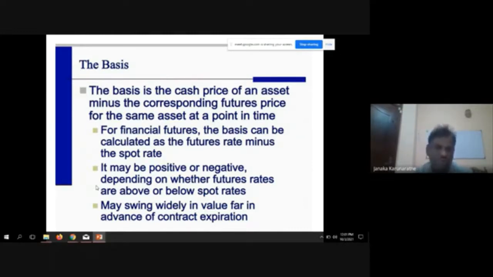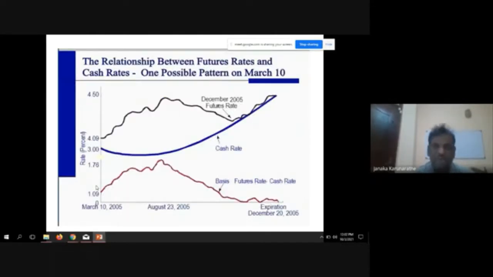If it is below the spot rate, then it is negative. The basis may swing widely in value far in advance of the contract expiration, so well in advance of expiration, these rates may go up or down.